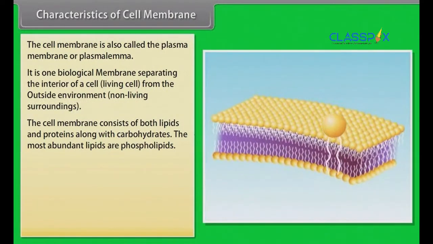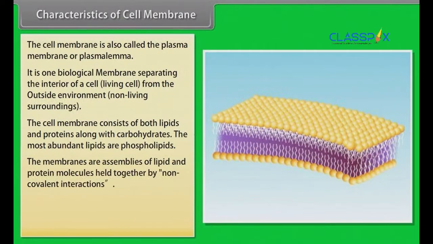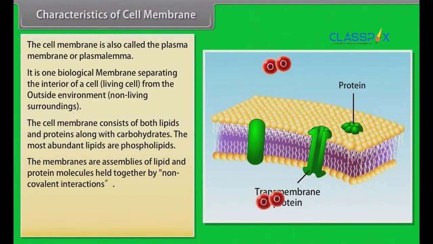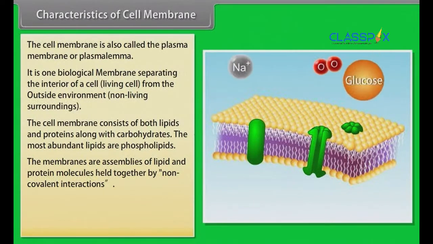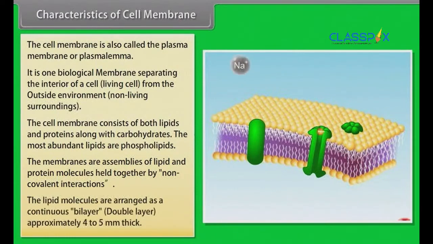The most abundant lipids are phospholipids. The membranes are assemblies of lipid and protein molecules held together by non-covalent interactions. The lipid molecules are arranged as a continuous bilayer, that is double layer, approximately 4 to 5 nm thick.